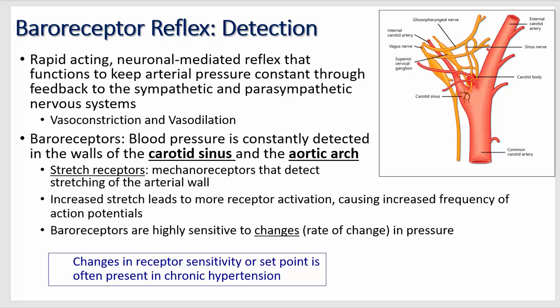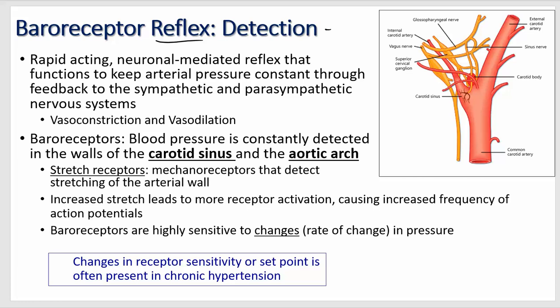So the baroreceptor reflex is a reflex, and that's why it's called a reflex. It will measure blood pressure in the periphery and then send a signal to the brainstem to activate either the sympathetic or the parasympathetic division to regulate that blood pressure.